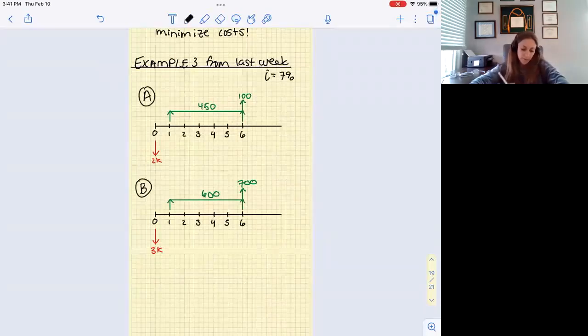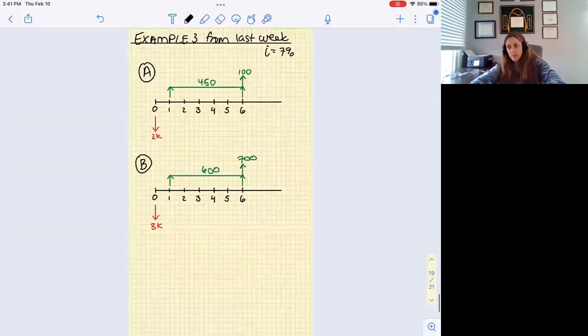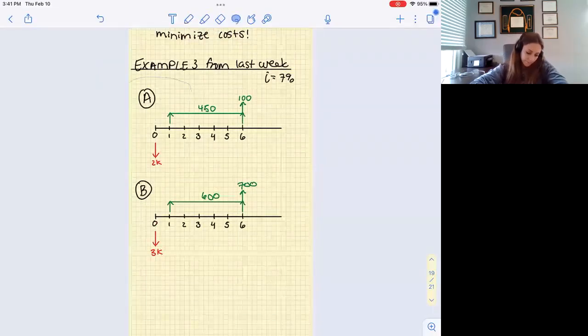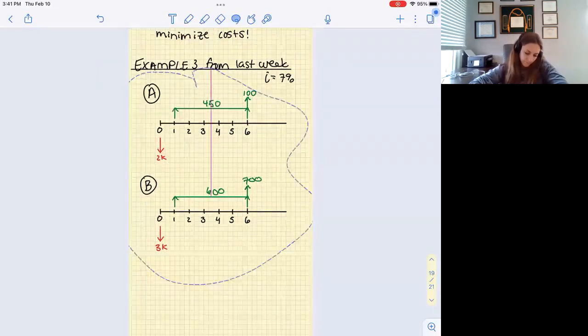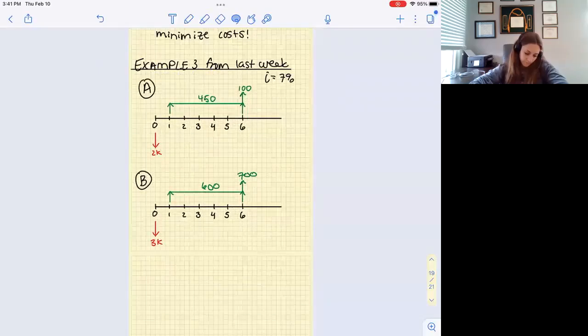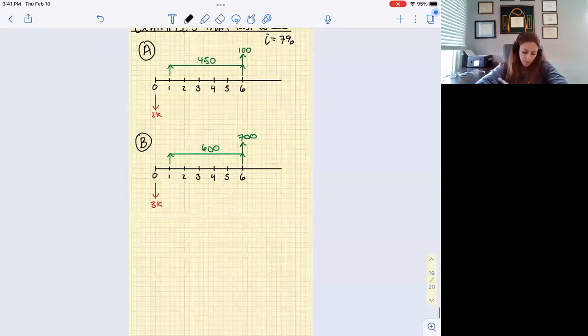Scale A and scale B. So let's practice. Last time we just did present worth. Let's practice with annual worth this time. So for scale A, we're going to try and do annual worth. We'll just work our way left to right. That 2,000, first of all, is it positive or negative?